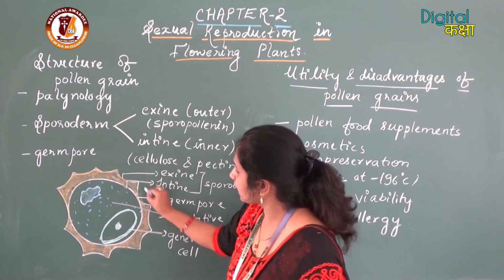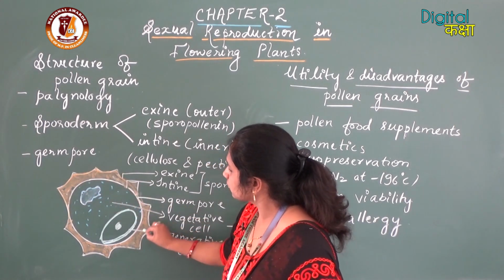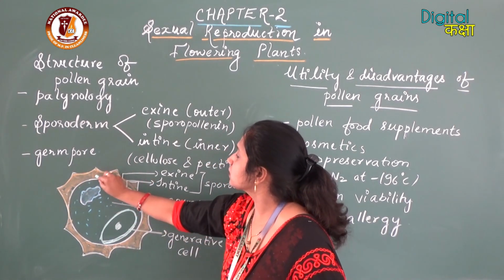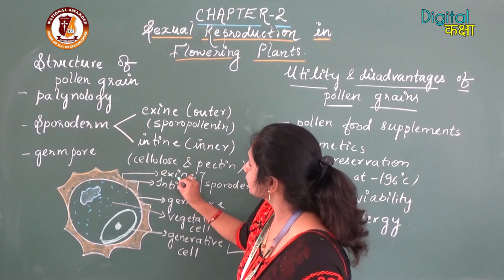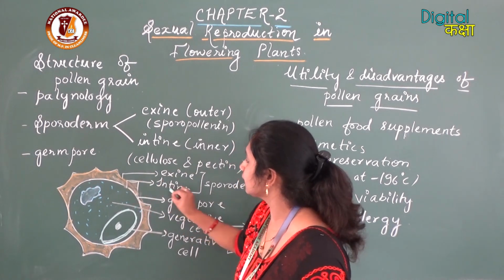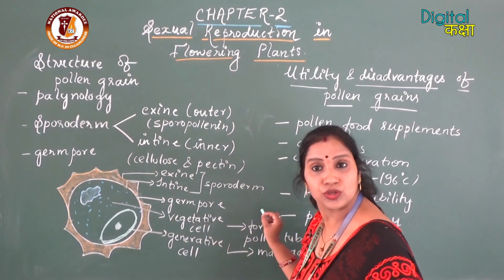In the diagram you can see this structure I have drawn with the orange colored chalk. This thick layer is the sporoderm. The outermost layer is exine and the inner layer is intine. Together they form the sporoderm.